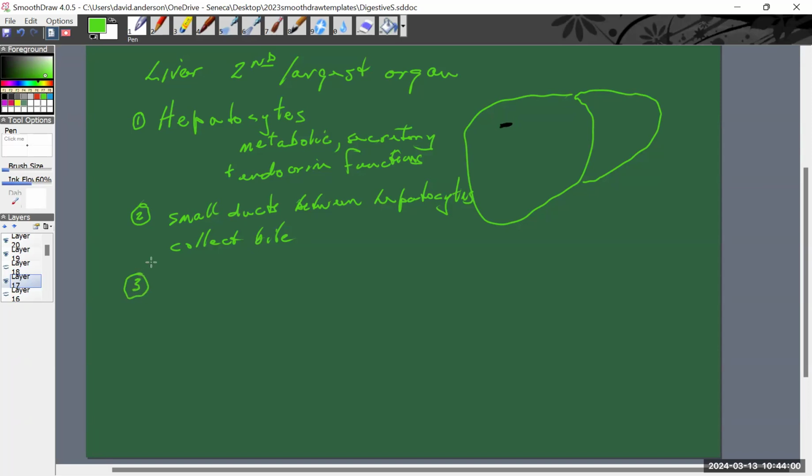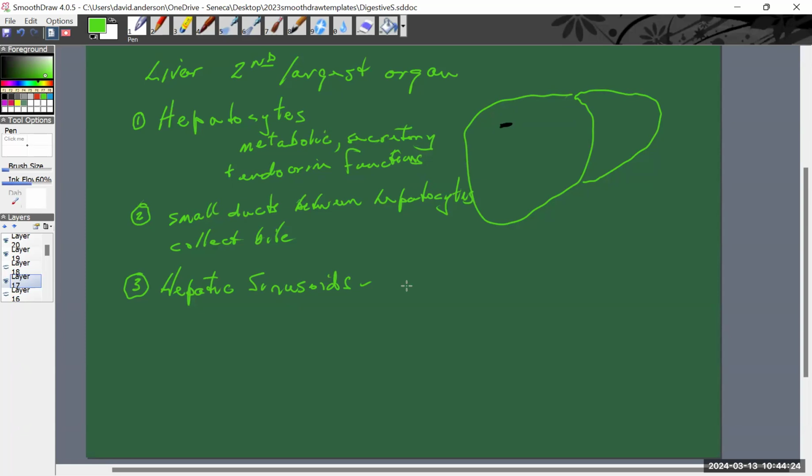But the feature that we want to be a little bit more aware of is what are called hepatic sinusoids. We know that sinusoidal capillaries, from when we talked about the circulatory system, were the leakiest of those capillaries.